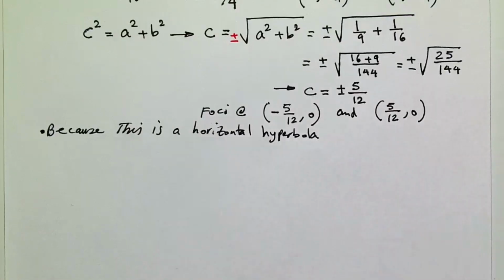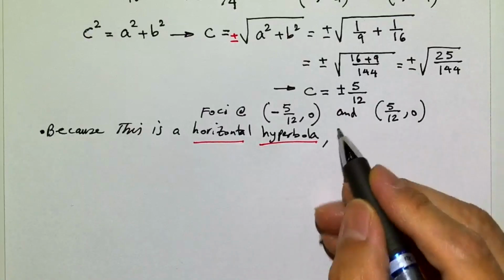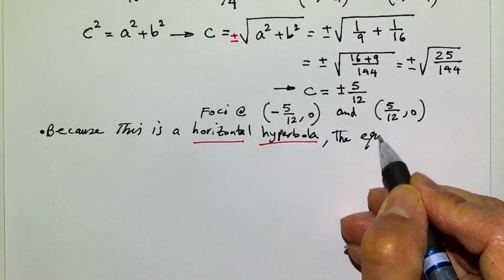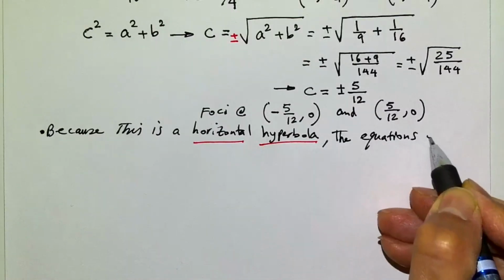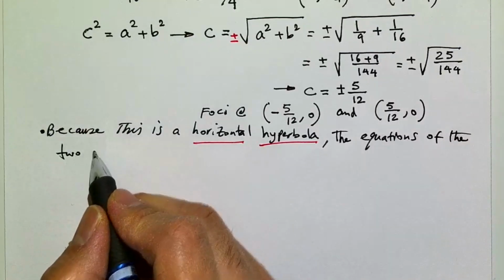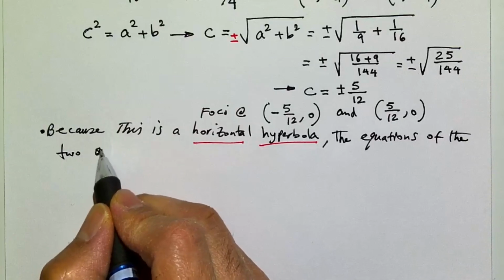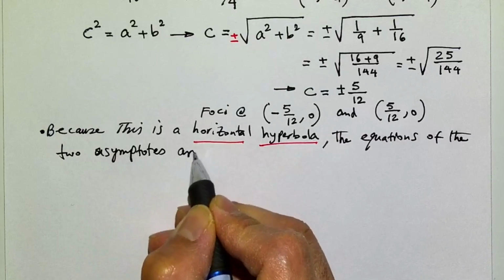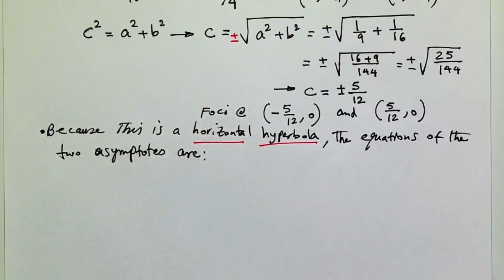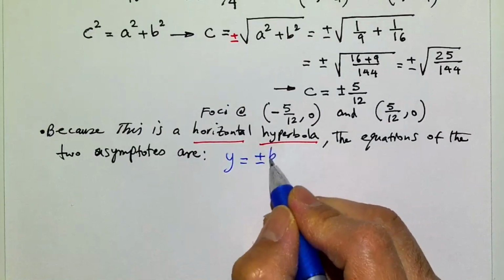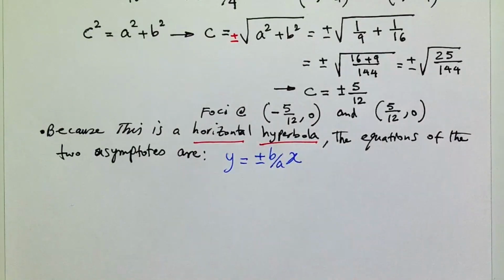The equations of the two asymptotes, and these are slant asymptotes, are going to be y equals plus or minus b over a times x.